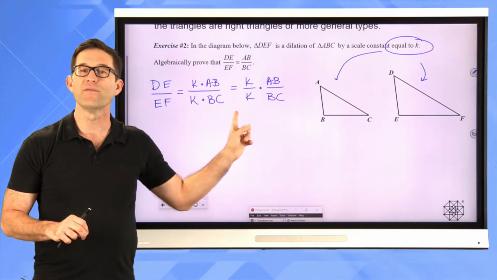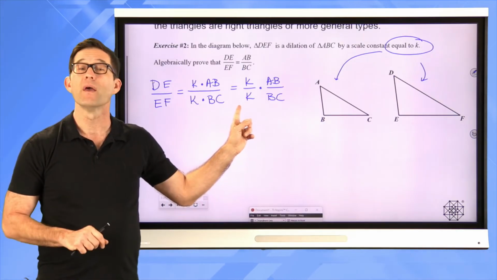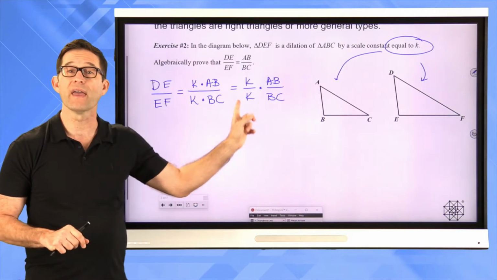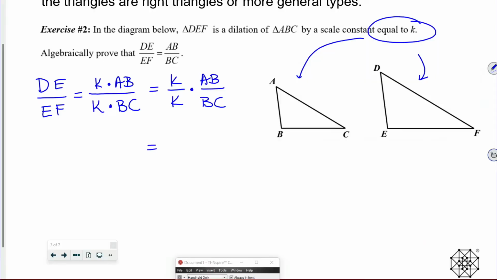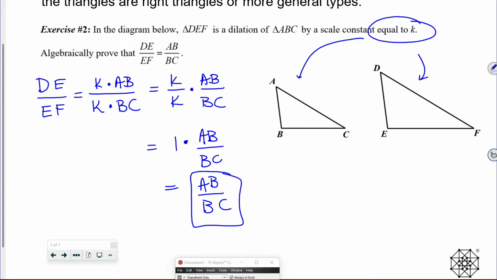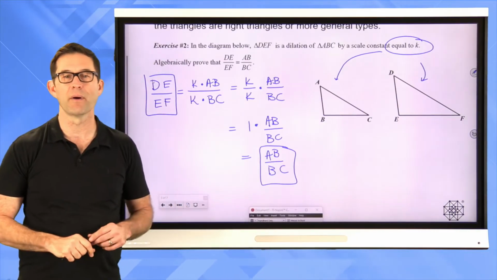Now, any number divided by itself, except for 0, is equal to the number 1. So K divided by K is equal to 1. So we have 1 times AB divided by BC, and any quantity times 1 is just equal to itself. So we see that DE divided by EF has to be equal to AB divided by BC.